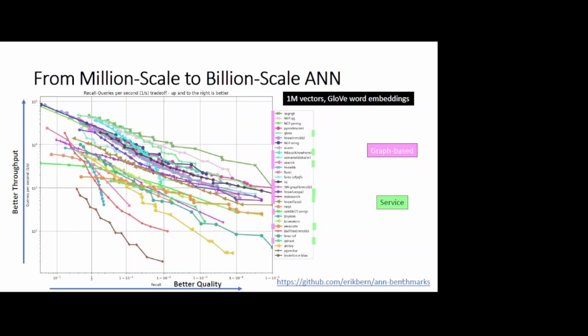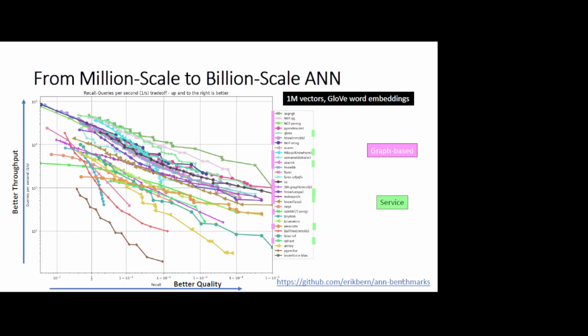You can see the horizontal axis is your recall. Recall is getting better from left to right. You can see it's very accurate. The recall will achieve 1 minus 10 to the minus 5, very small, just 0.99. And the vertical axis is your throughput.